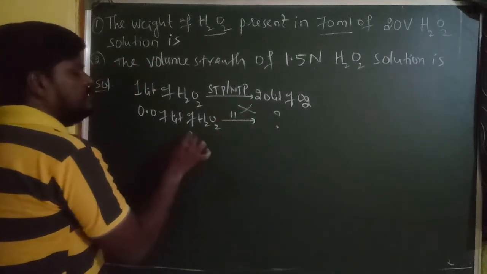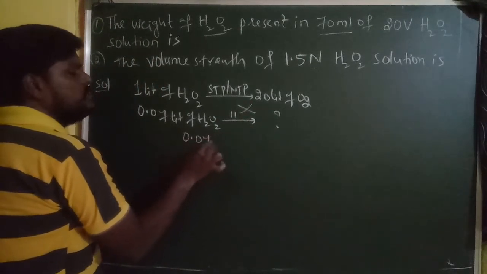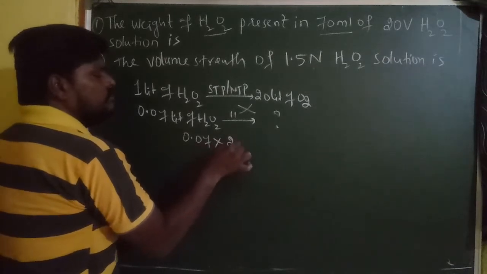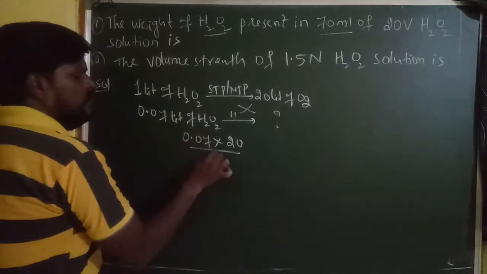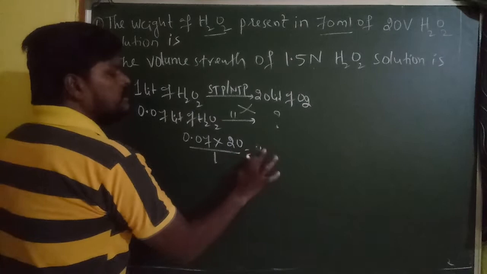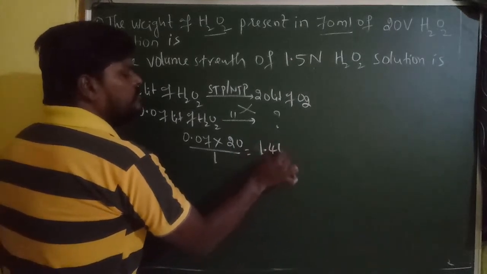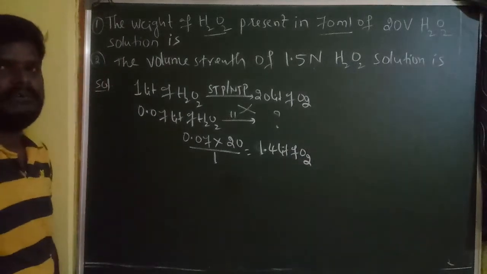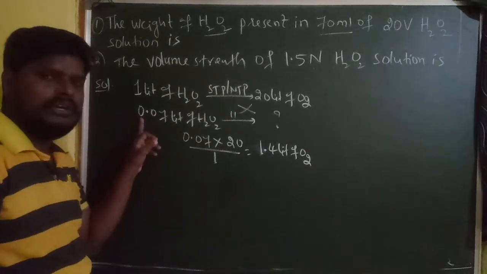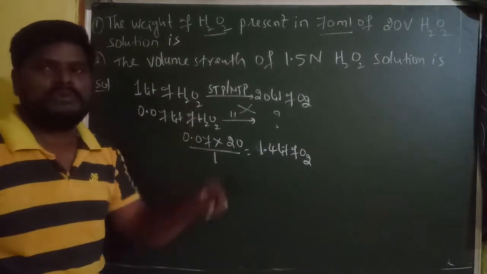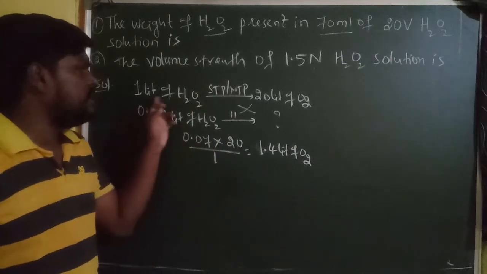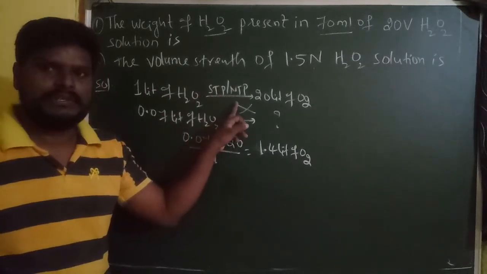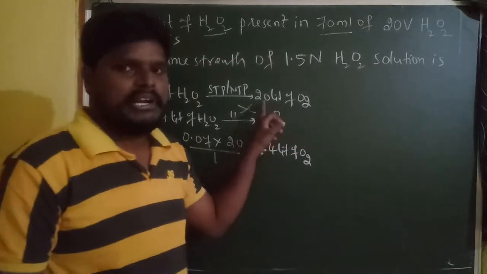Now cross multiplication: 0.07 into 20 liters by 1. Now you will get 1.4 liters of oxygen. Yes or no? 1.4 liters of oxygen with respect to 0.07 liters of H2O2 at STP. So 1 liter of H2O2 at STP or NTP produces 20 liters of O2.